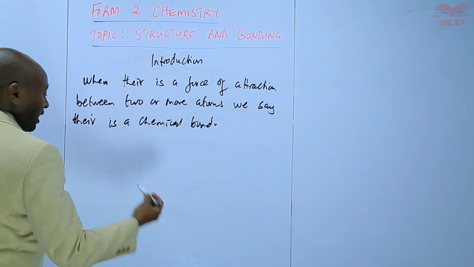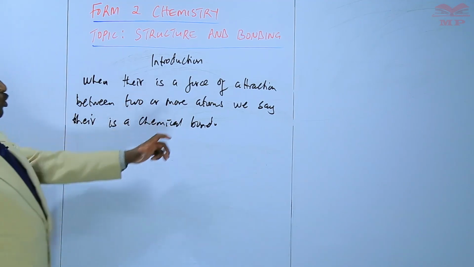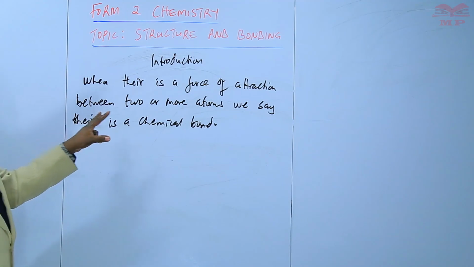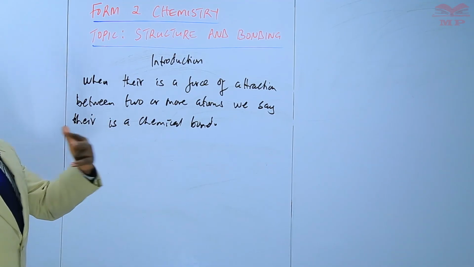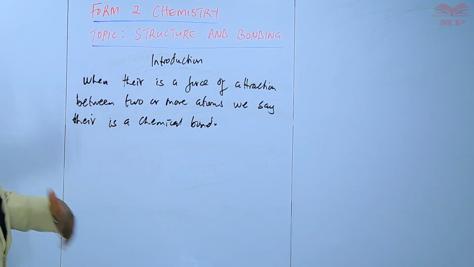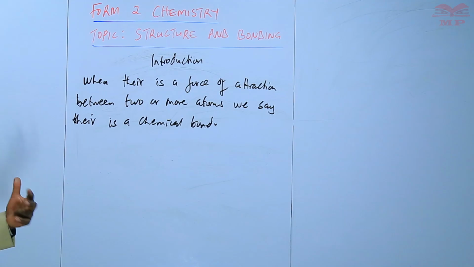Now, the other thing is that when those atoms are bonded together repeatedly, they form a certain pattern that repeats itself. And that pattern that repeats itself is what we refer to as the structure.